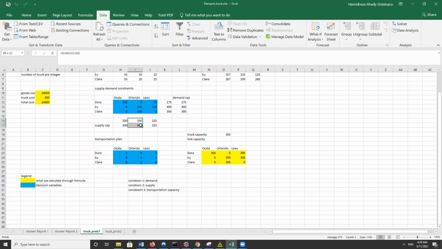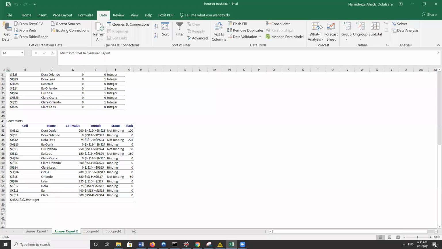Okay, it seems that in Orlando, it didn't touch the constraint, basically the supply capacity, which makes sense. You produce too much at that point.